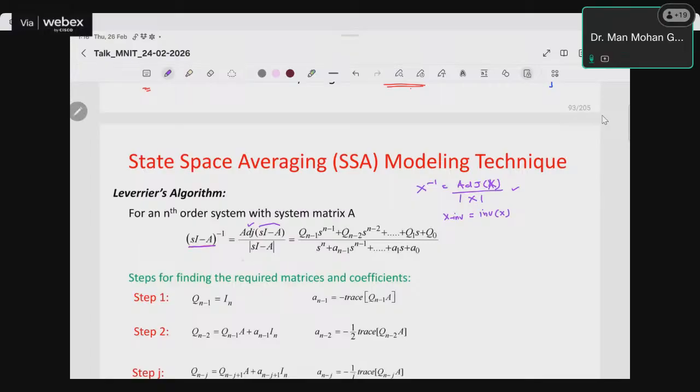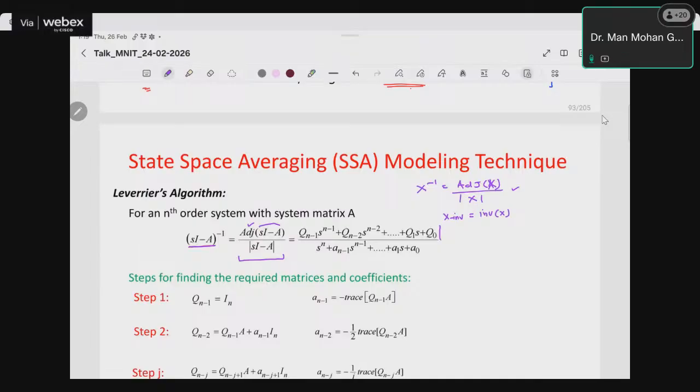So what is the alternate way? According to the Leverrier algorithm, which is given in standard control textbooks, (sI - A) inverse is equal to Q(n-1) s^(n-1) plus Q(n-2) s^(n-2) plus like that, up to Q1 s plus Q0, divided by s^n plus a(n-1) s^(n-1) plus like that, plus a1 s plus a0, right?